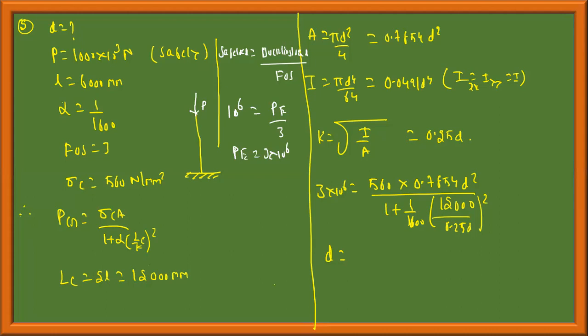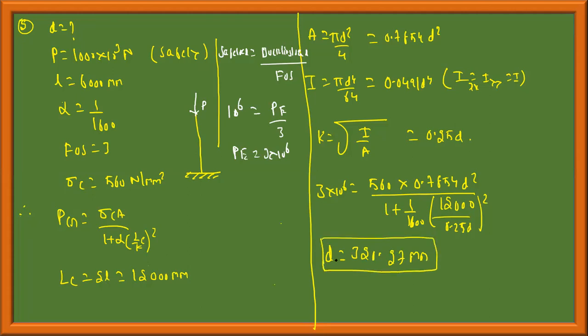Raghavendra, how much? Sir, 321.2. Exactly, 320.27 mm. So we have designed the column for the given load.